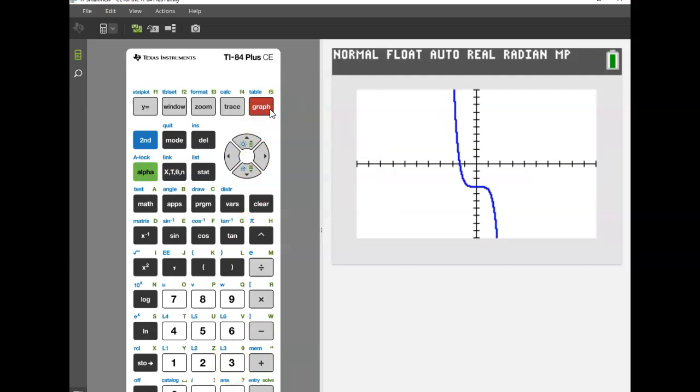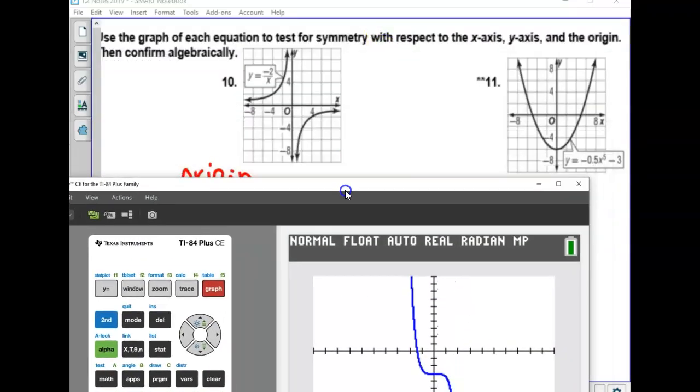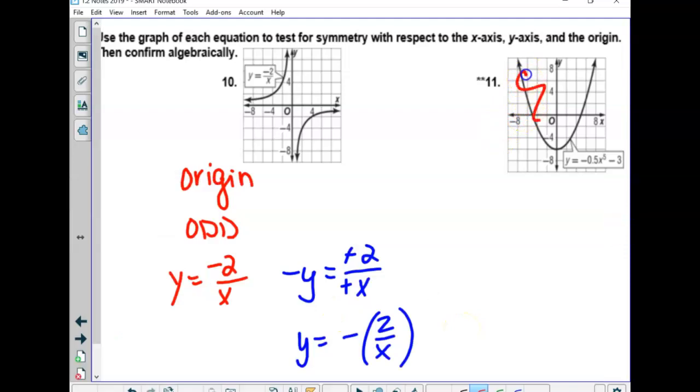Oh. I don't think their graph is slightly off. Yeah, I don't even know how. I don't think you could make a window that would make it look like that. Okay, so the graph looked even, or y-axis symmetric, but they totally were wrong.